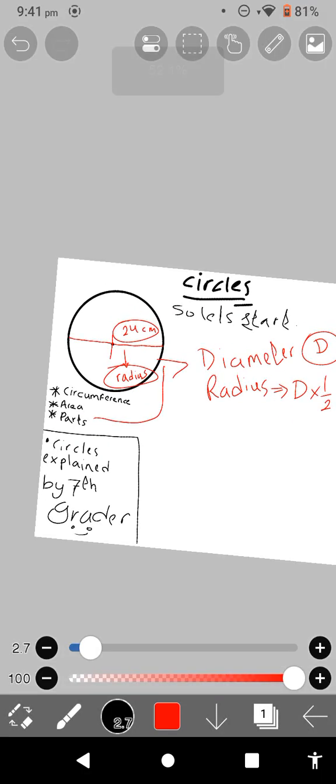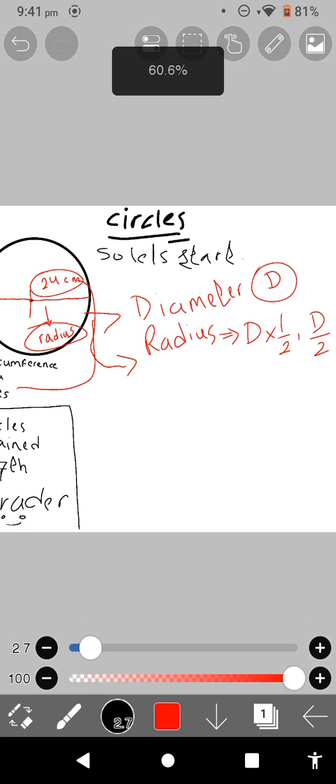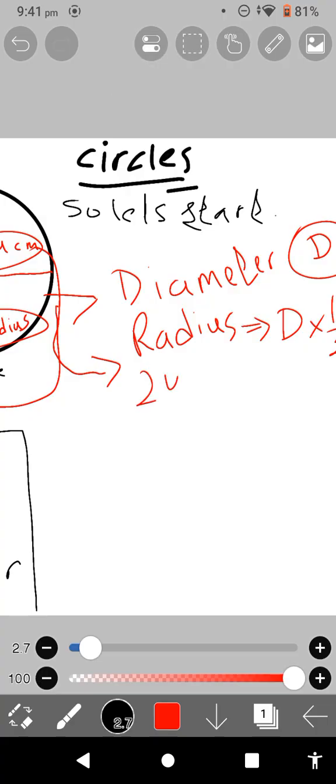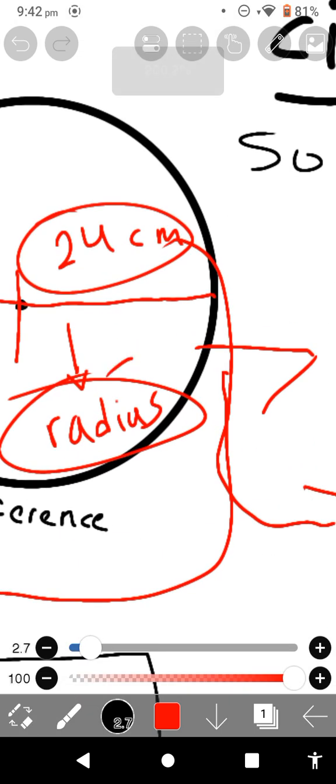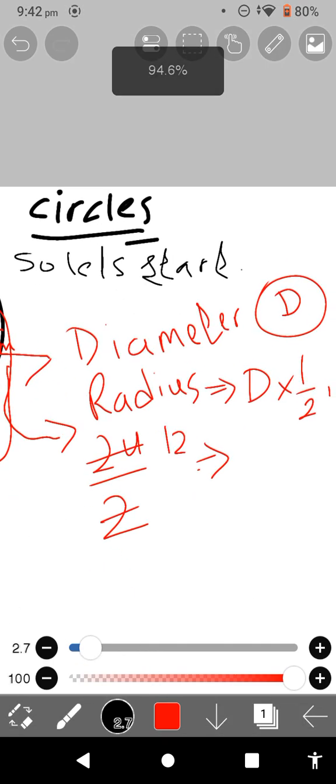In this case the diameter is 24, so we divide it by 2, and the radius is 12 centimeters.